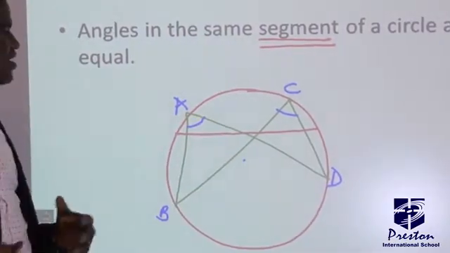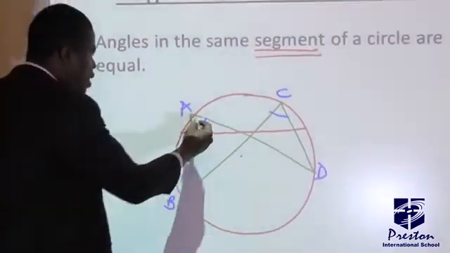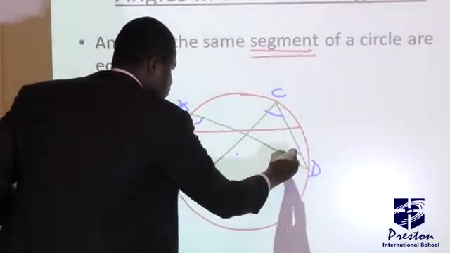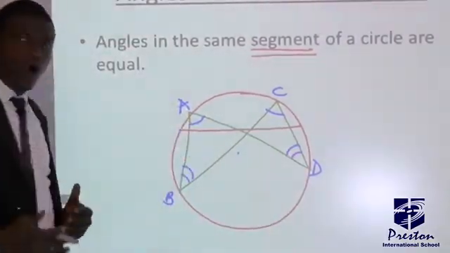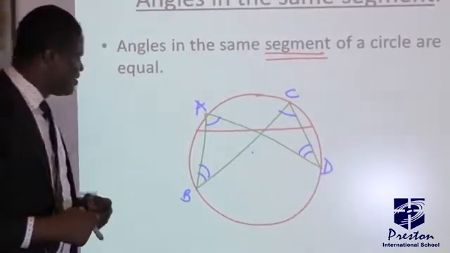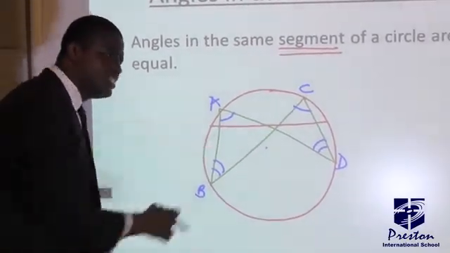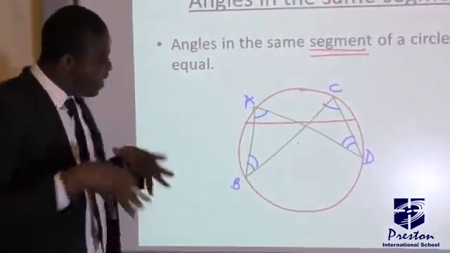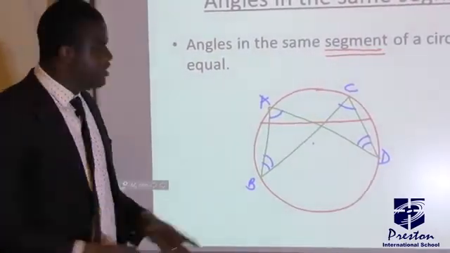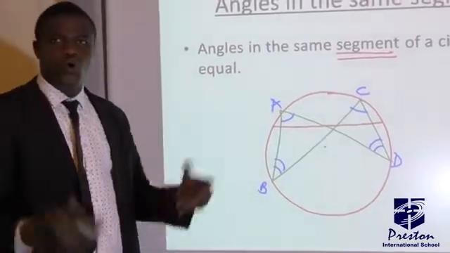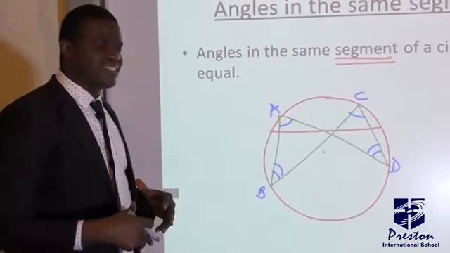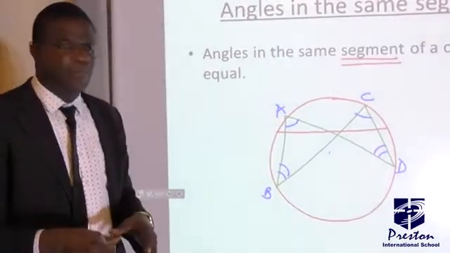Now, what we are saying here is that these two angles, angle A and angle C, are equal. Also, because angle B and angle D are on the same segment, on the same major segment in this circle, they are also equal. So that is what we mean by saying that angles on the same segment are equal.